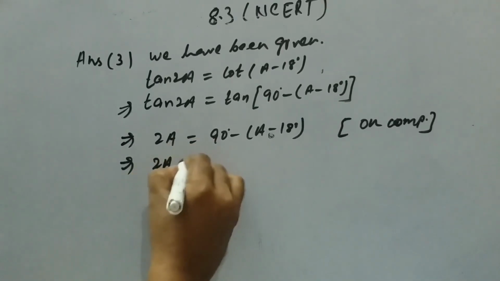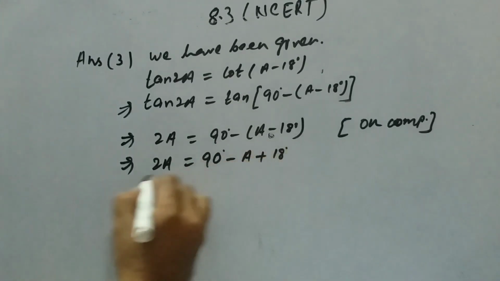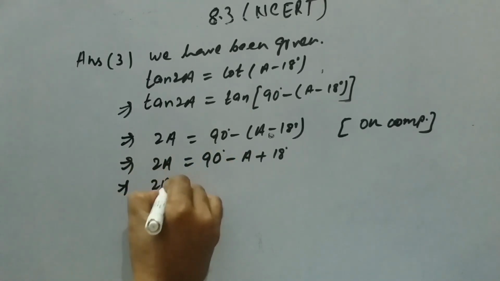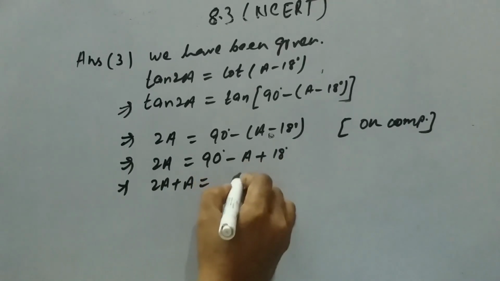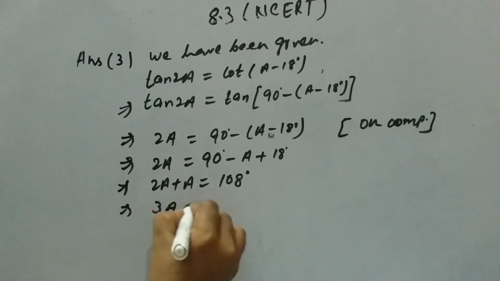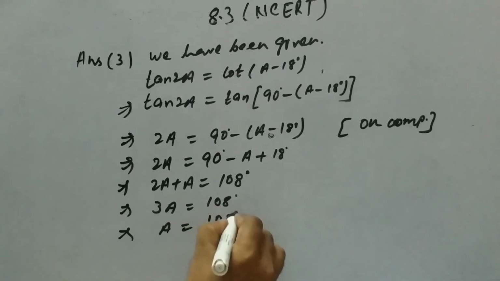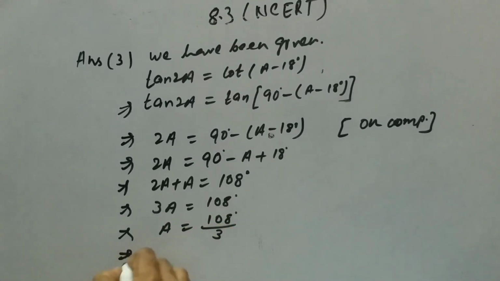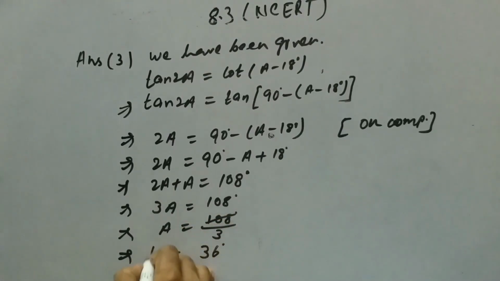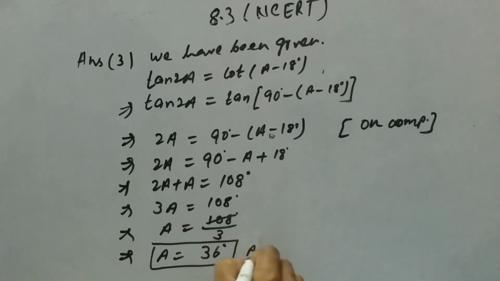This is 2a equal to, open the bracket here, 90 degree minus a plus 18 degree, and now keep this a on the left hand side, 2a plus a, and this adds up 90 and 18 to 108 degree, and this becomes 3a equal to 108 degree, and a is equal to 108 degree by 3, and this becomes a is equal to 36. Okay. And this is your final answer.